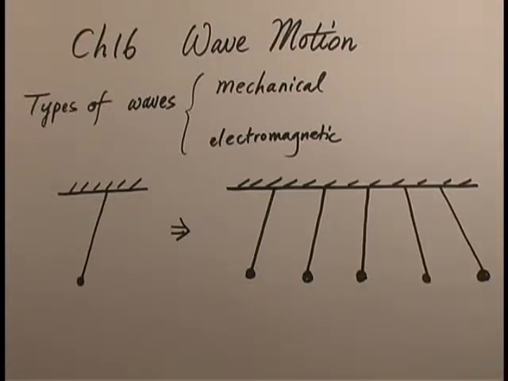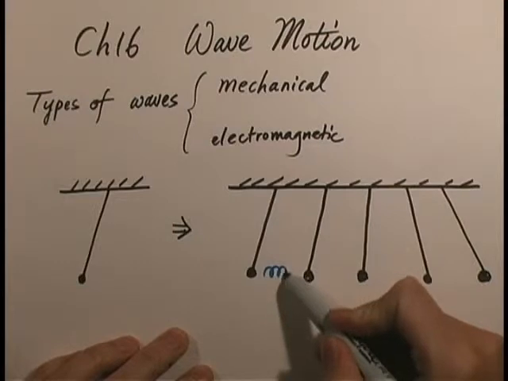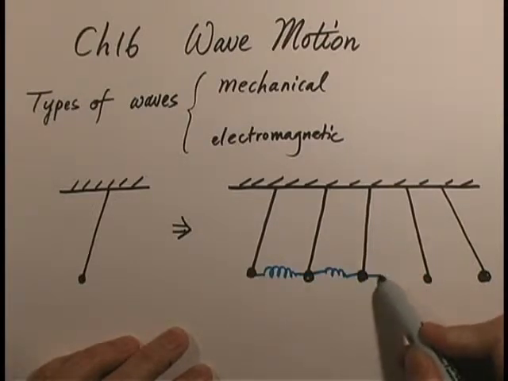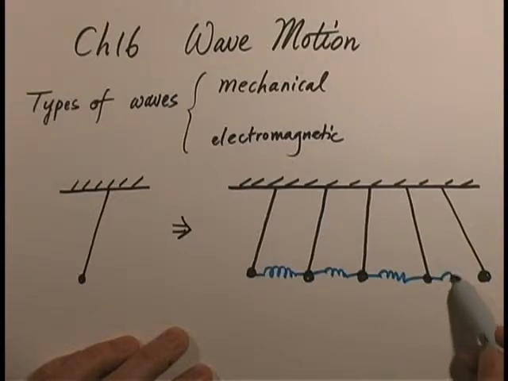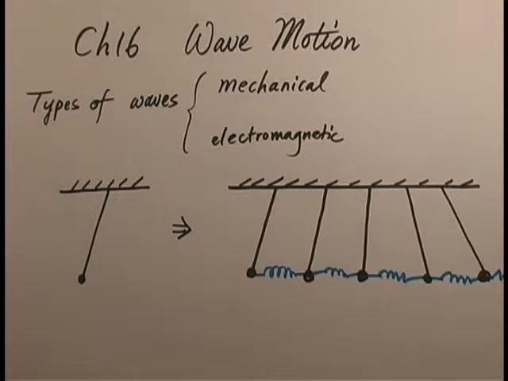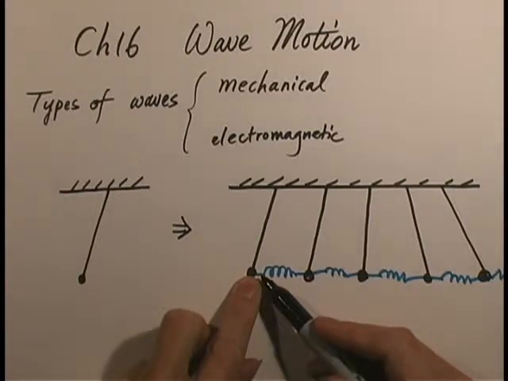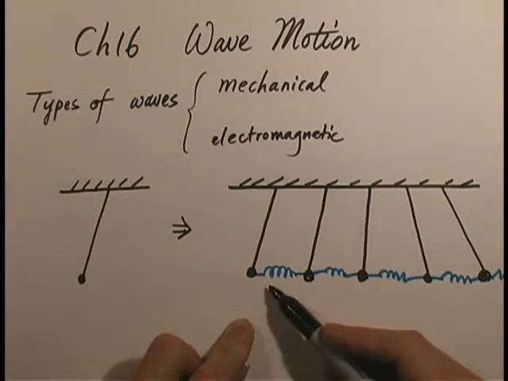Okay, what if I put in a connection between them? For example, I put a spring between each neighboring pair of these simple harmonic oscillators, and if I pull one of them and let go of it, of course this guy is going to start to swing, right?